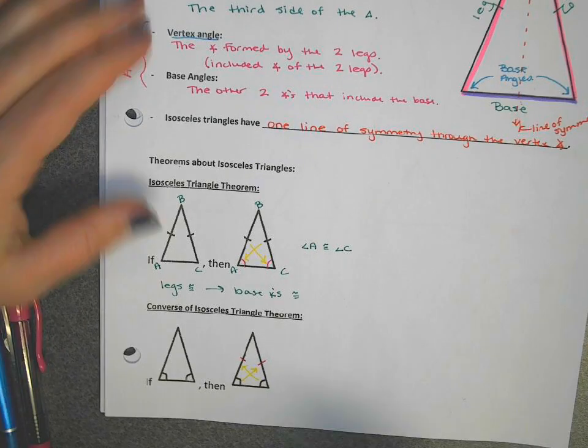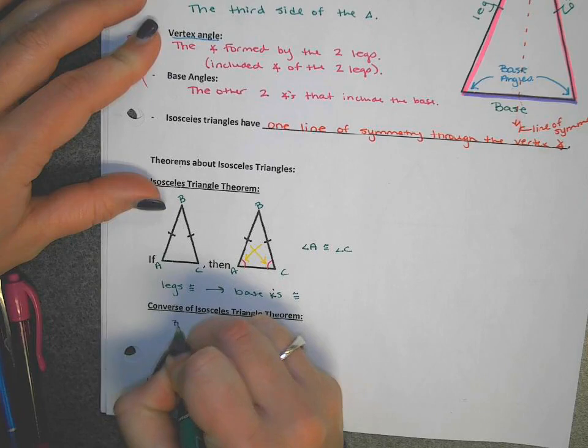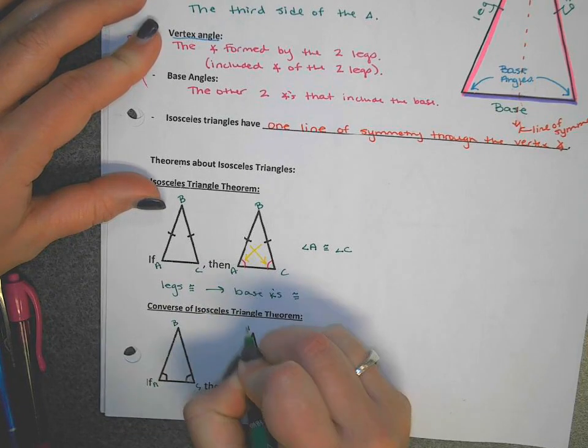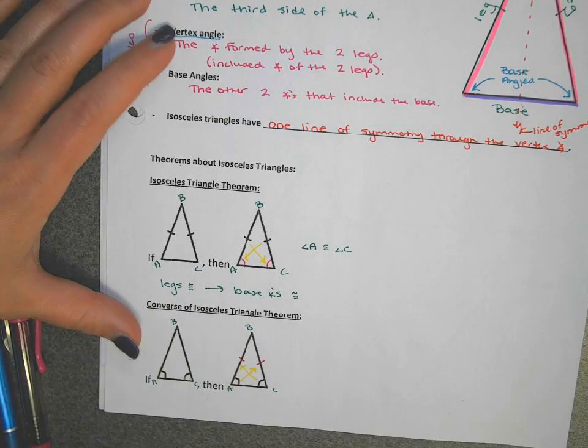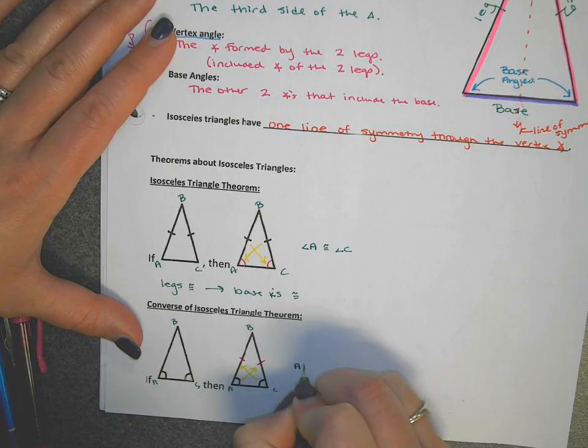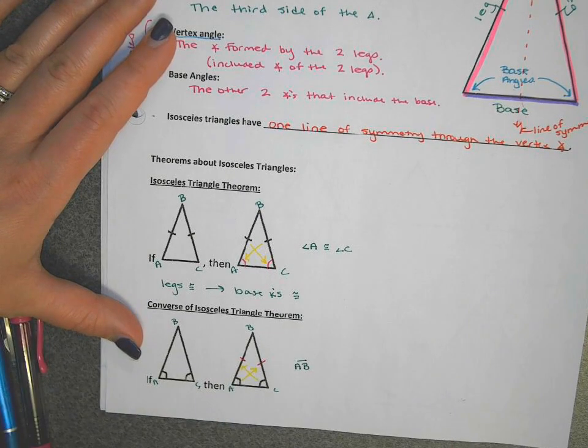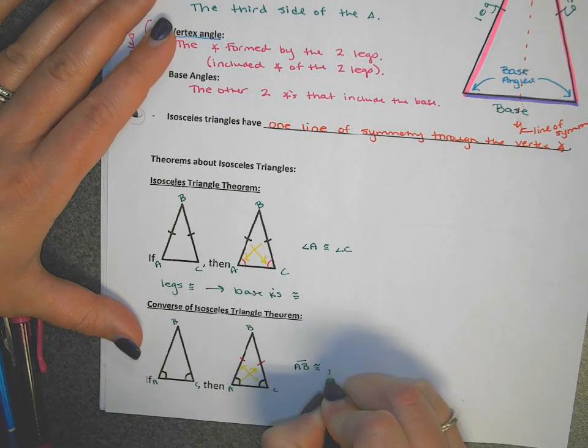So again, I'm going to label these A, B, C. So you would be able to conclude that side AB is congruent to side CB.